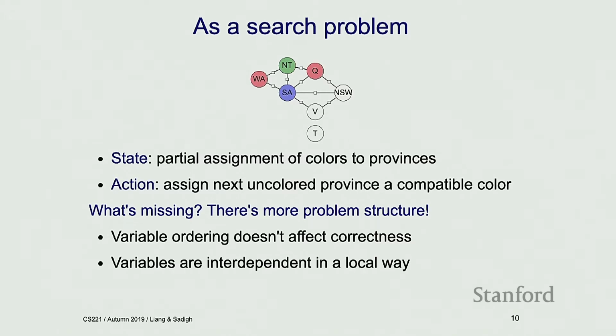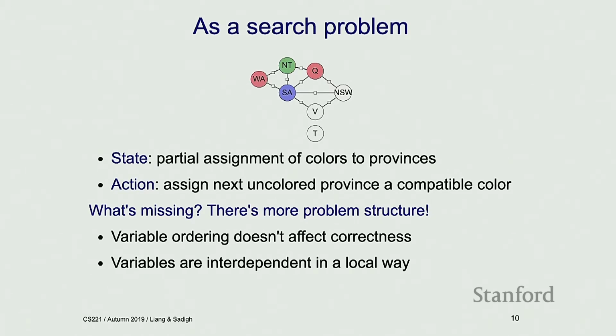In addition, the variables are interdependent in a local way. For example, if I just look at Tasmania, right here, it's not connected to anything. So I can just pick whatever color I want for it, and it's not affecting the rest of my problem. I don't need some order to pick T first or pick T last, right? I can just pick a color for T and it doesn't affect the rest of my system.